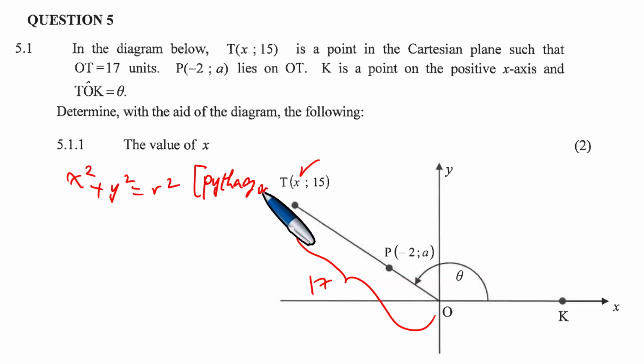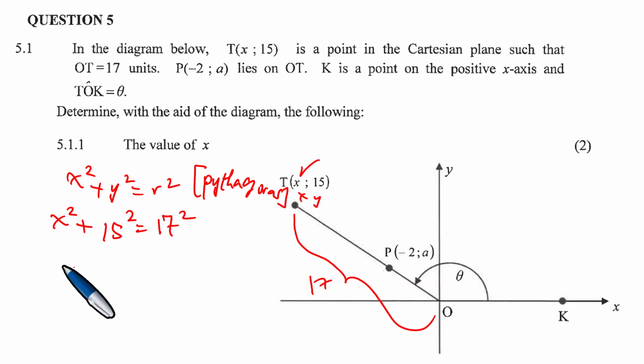Okay, if this is Pythagoras, then we have the following. So this is x and the y. Which means that this is exactly x squared plus 15 squared, and the square of the radius is 17 squared.